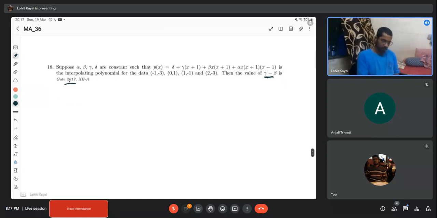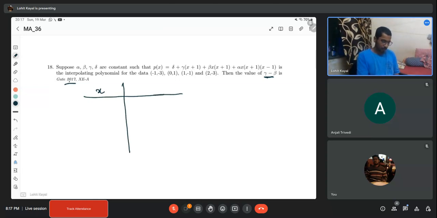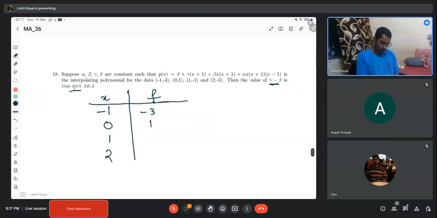So again we need to construct a difference table. This is x, and this is f, I am giving it the name f. So x is minus 1, 0, 1, 2, and f is minus 3, 1, minus 1, minus 3.